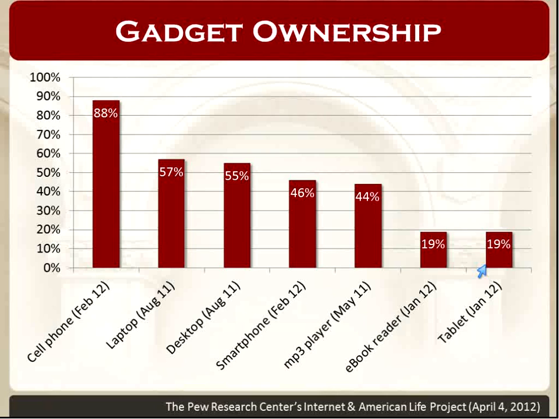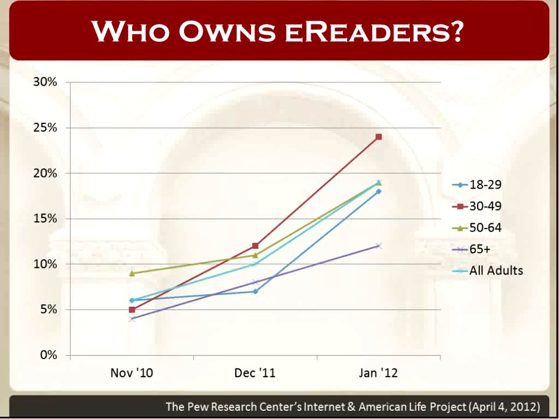We'll also look a little bit at tablet statistics, because many individuals are using their tablet like an iPad for ebooks as well. So here are statistics over time for e-readers, and there's a lot of information in this table. So we'll break it down a little bit. The turquoise strand here in the middle is the overall usage. So we can see in a year and a half that overall ownership has gone from about 6% to 19%.